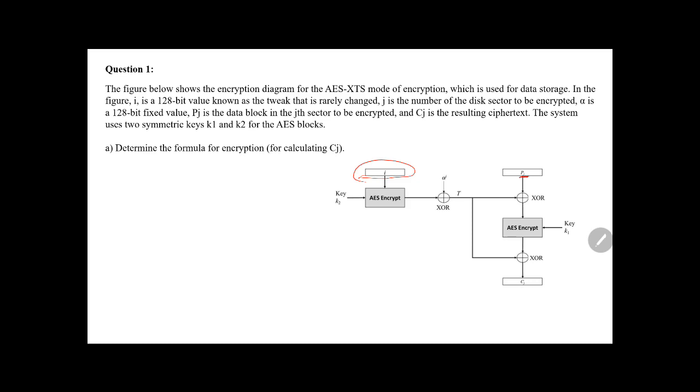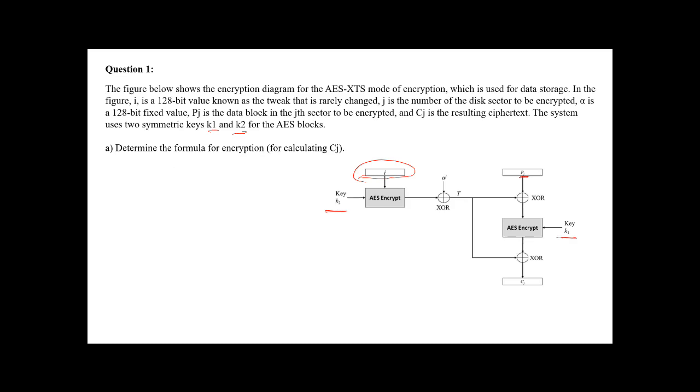So the first question here asks, okay, so let's continue reading the last thing. The system uses two symmetric keys, K1 and K2, for AES blocks. So we have two symmetric keys, K1 and K2, for these blocks. So what do we want to do? We want to determine the formula for the encryption for calculating CJ.